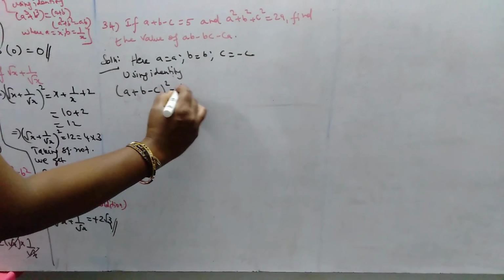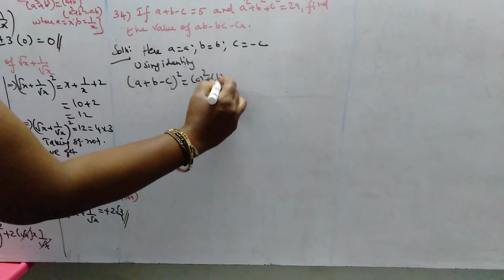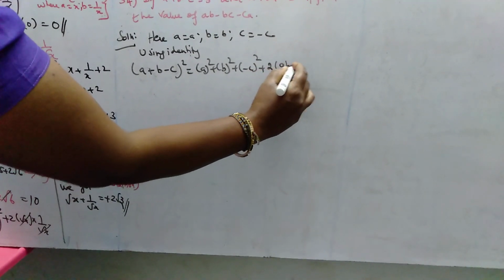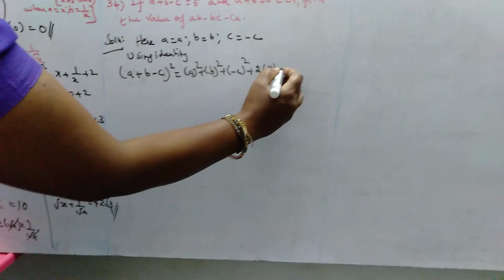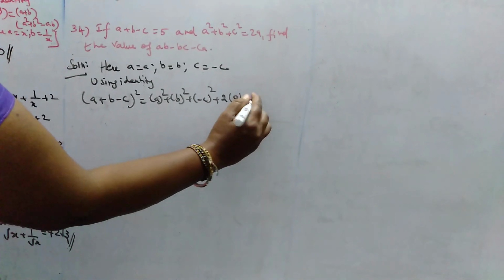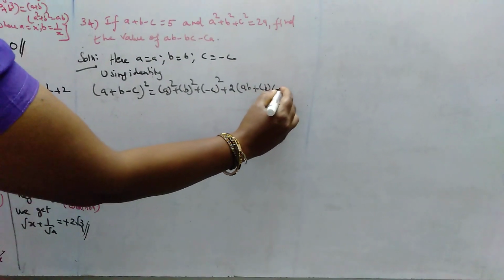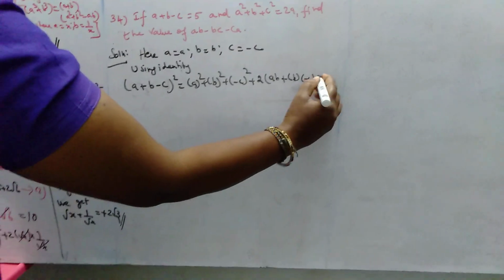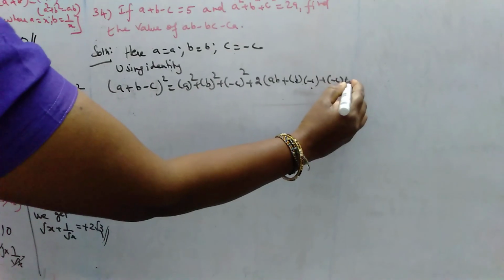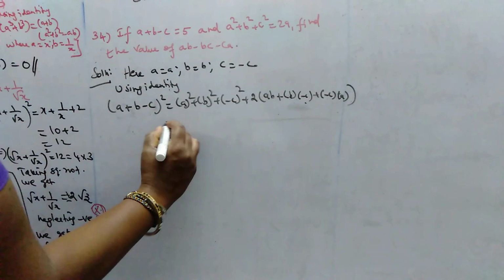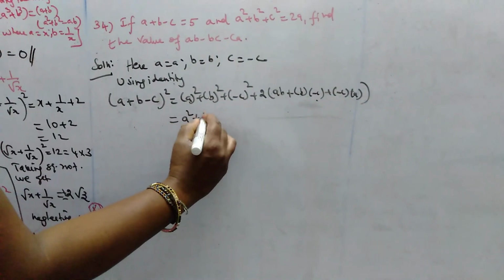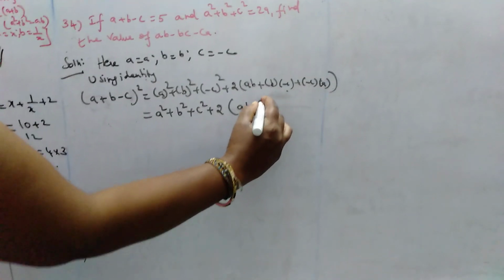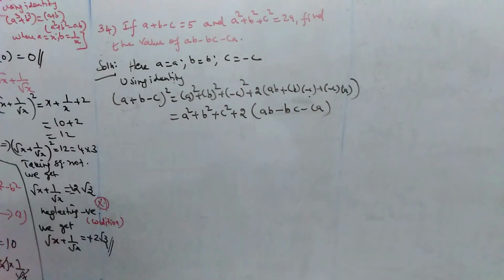So using identities, that is a plus b minus c the whole square equals a square plus b square plus c square plus 2 into ab plus b into c plus c into a. So which is what? A square plus b square plus c square plus 2 into ab minus bc minus ca.